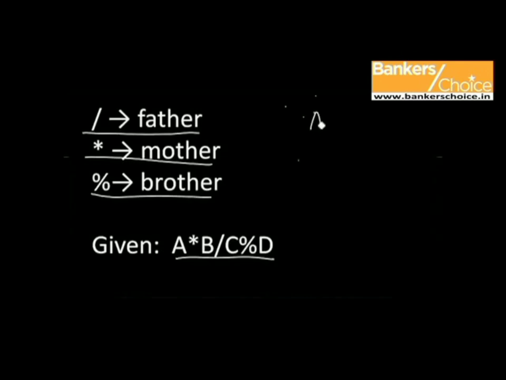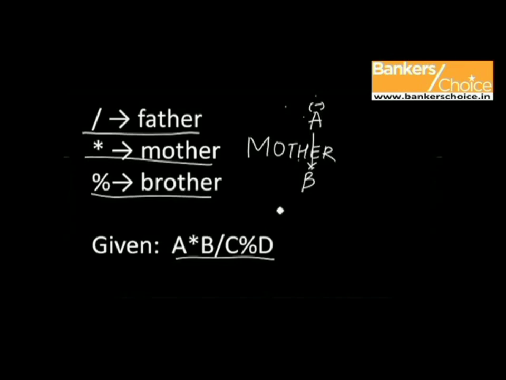From the first part of the equation, A star B, we can say that A is the mother of B. That means the gender of A is female and the relationship is mother.